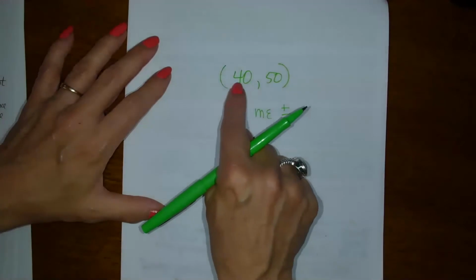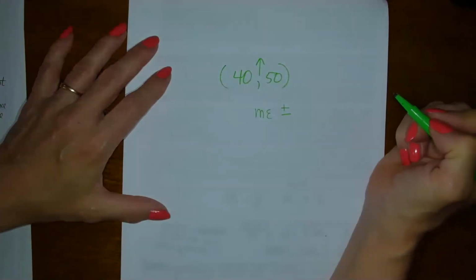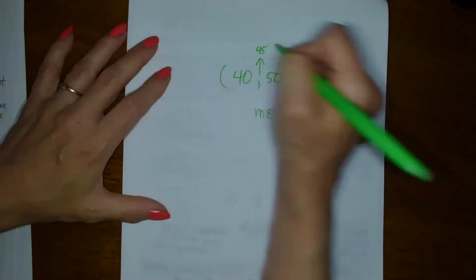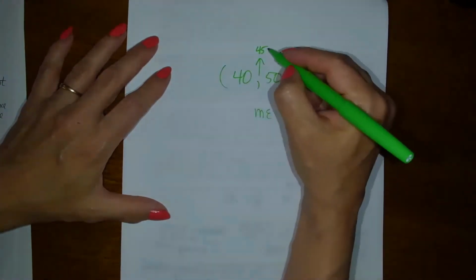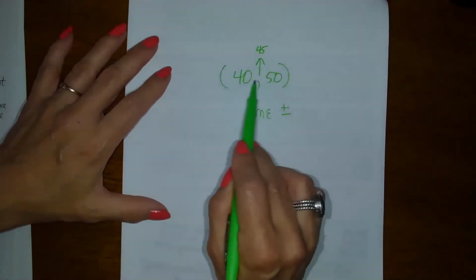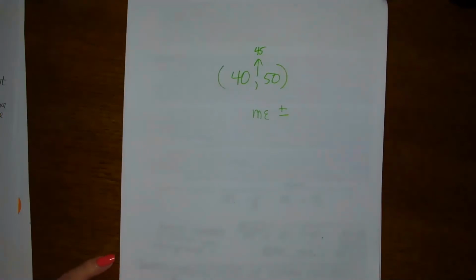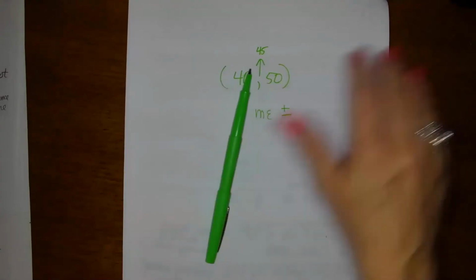If this is 40 to 50, what's the center number? 45. So what's your margin of error? 5, because you add 5 to get 50, you subtract 5 to get 40. So the distance between them divided by 2 also gives you your margin of error, right? Does that make sense? If you have your confidence interval, you can find it. Does that make sense?